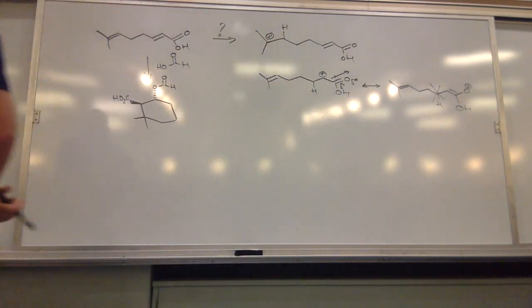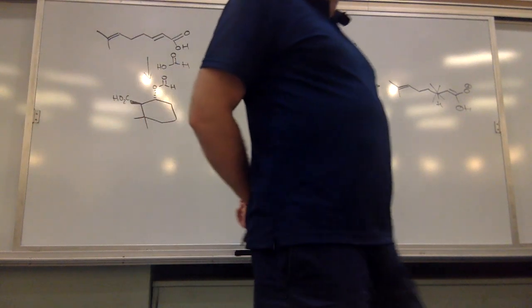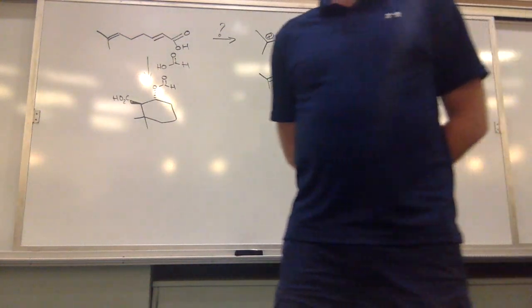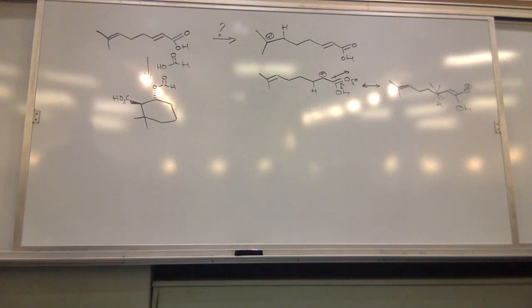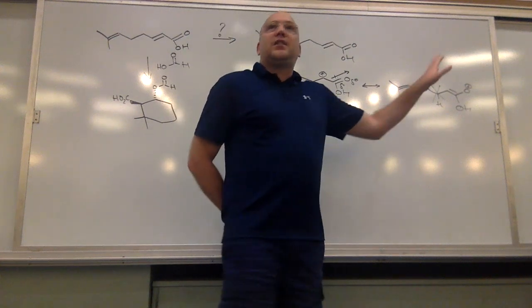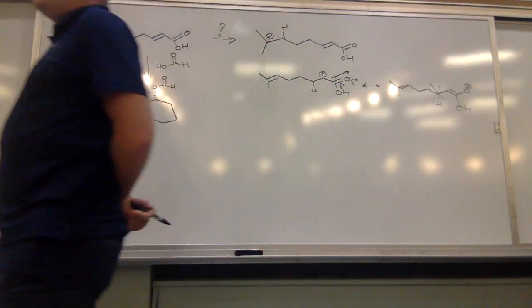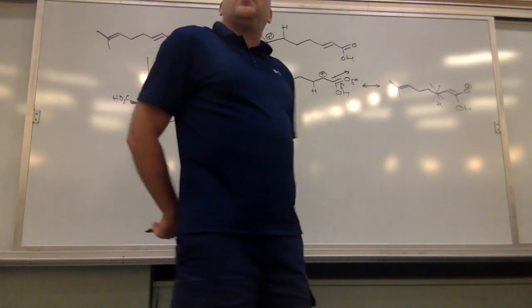And so one of the things that you generally want to try to avoid is putting one positive charge next to something that's already maybe electron deficient, right? In this case, two positive charges next to one another wouldn't be that good, right? That's not necessarily something that we would want to do. So in this case, the inductive withdrawing effect will, in fact, outweigh this resonance form that we have.